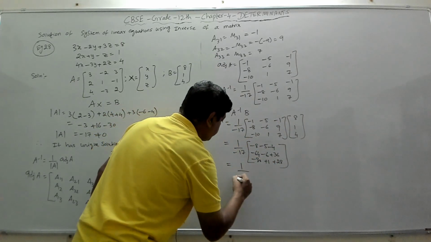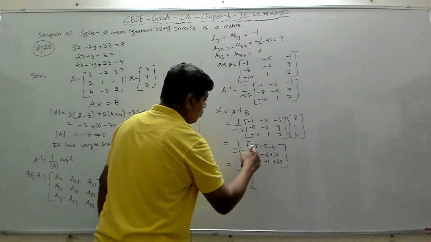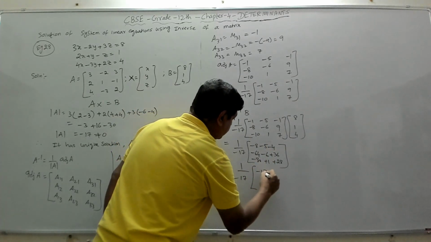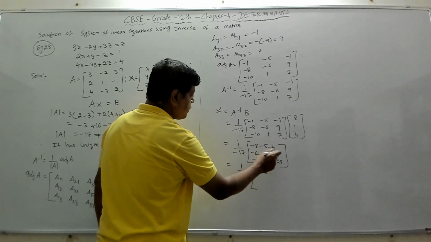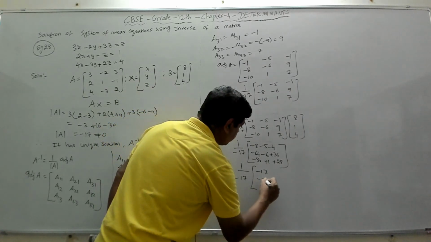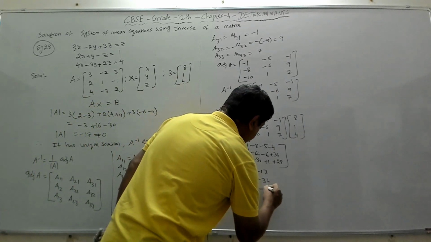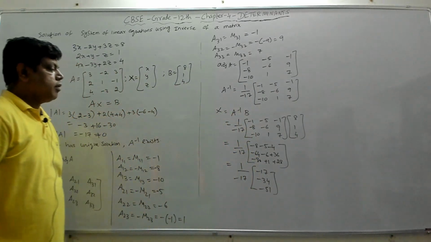So this is equal to 1 by minus 17 of, this is minus 10. Now if you do all this, you get minus 17, so this gives you 66, 70 plus 36, minus 34. So this gives you minus 51.